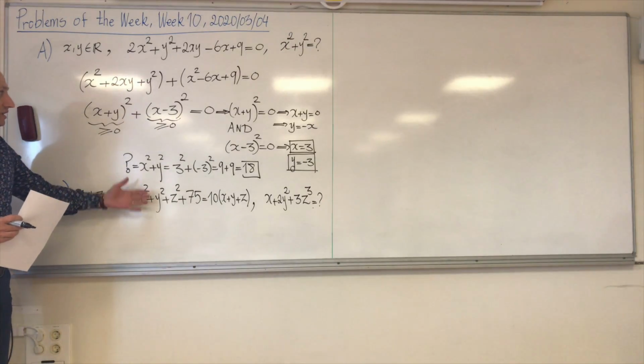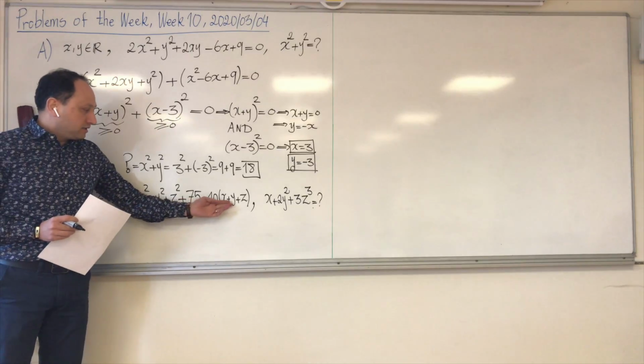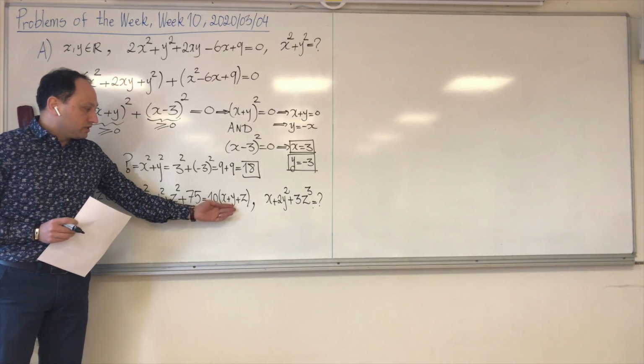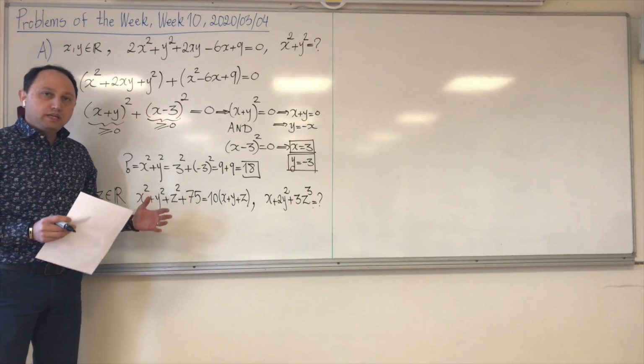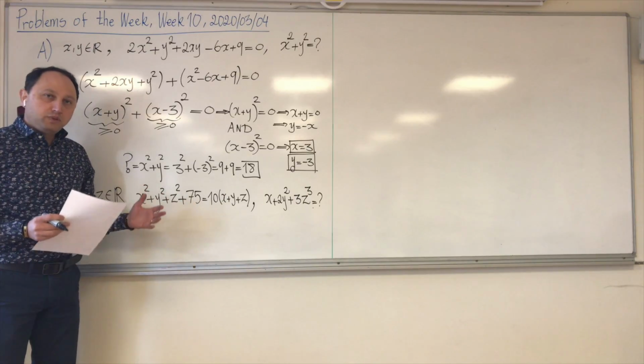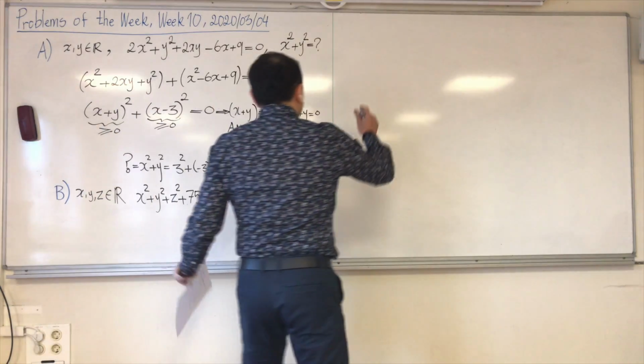But of course, the idea is the same. So what I do, I multiply this 10 inside the brackets, move everything to the left, and try to make complete squares, the sum of complete squares equal to 0. This can be done very simply.